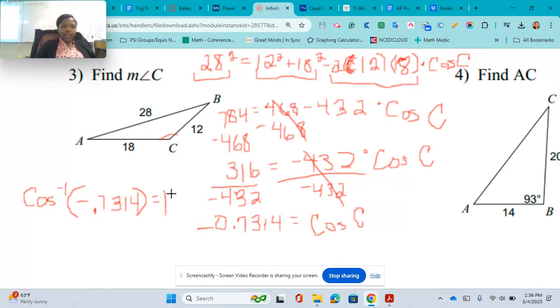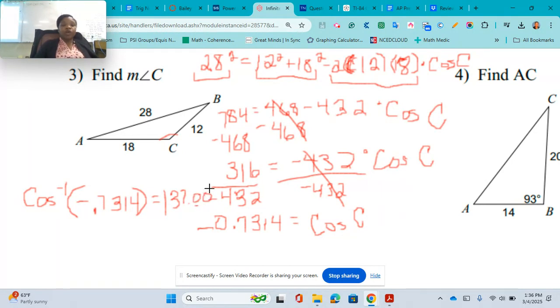137.01. All right. We have to round it to the nearest tenth.